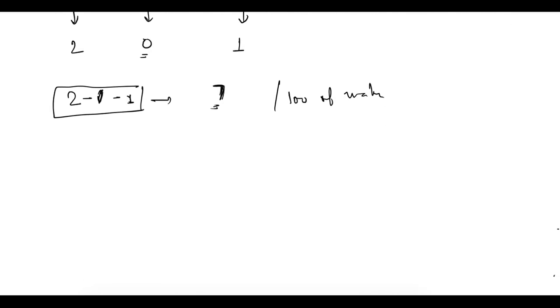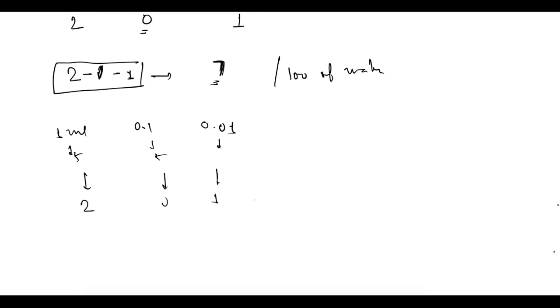Now let's say you are given 1 ml, 0.1 and 0.01. We take 3 successive dilutions and 5 tubes are used for each. And now if you get this combination, that is 2, 0, 1, for this combination we'll get the MPN as 7, but these dilutions are not our standard dilutions.